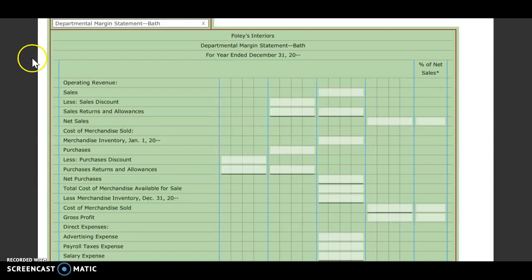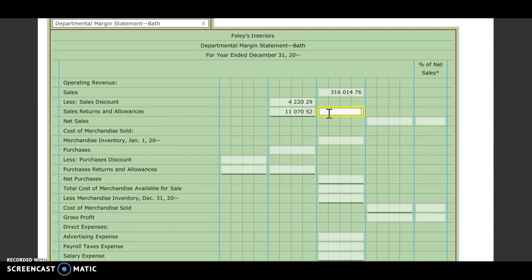Okay, now we're doing the exact same thing, except now we're doing it for the bath department. So, sales, again, we're going to look at our adjusted trial balance, find sales bath. We have $316,014.76. Then we're going to put in our deduction. So sales discount for bath is $4,220.29. Sales returns and allowances is $11,070.52.